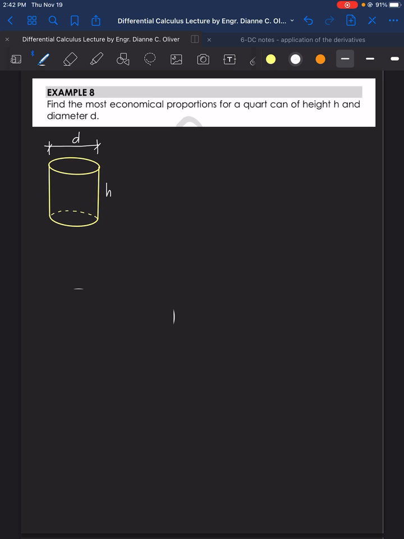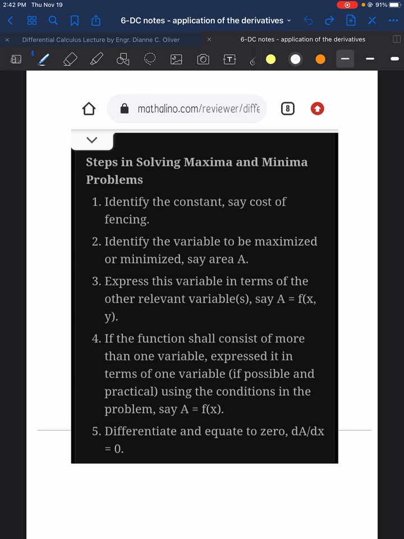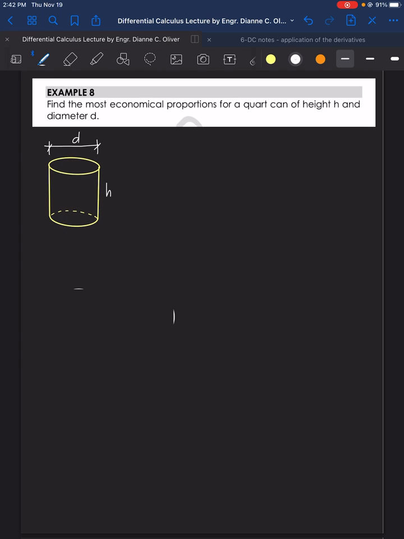The first step, identify the constant. So what is the constant in the problem? Well, there is none. There's no constant here because the h value will change and the d value will change for us to achieve the most economical proportions.